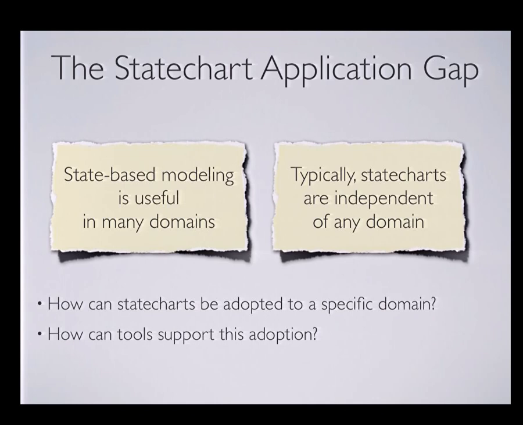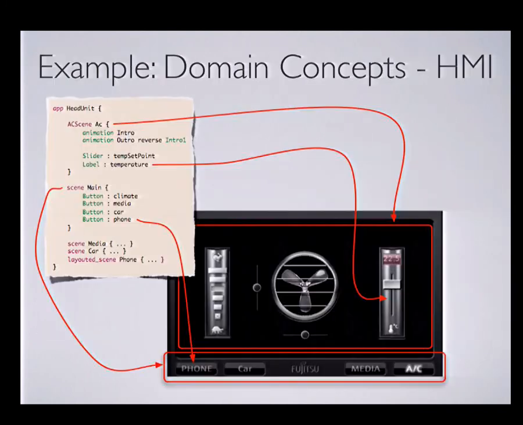So our question was, how can we bridge that gap and how can we adopt the Statecharts to really deal with domain concepts? And how can we build a tool or a framework that helps us to easily build up Statechart-based tools that deal with these domain concepts.